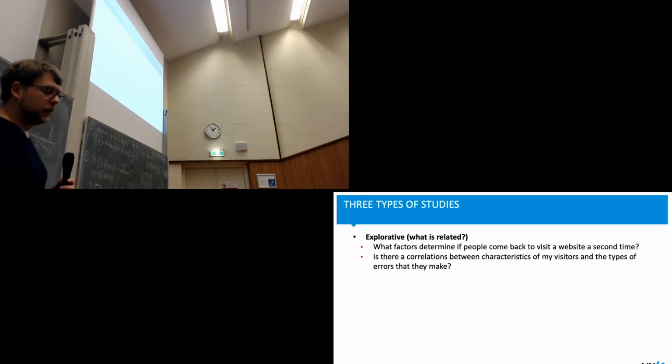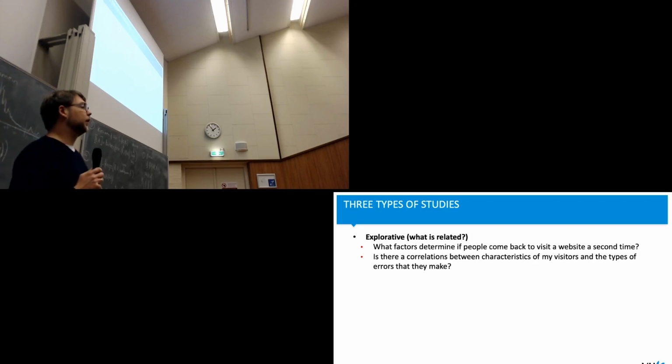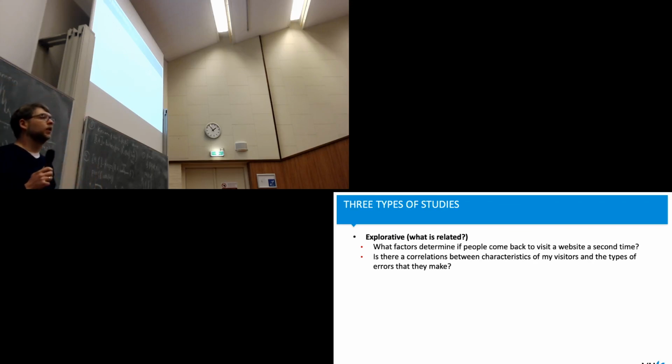And then we can distinguish between 3 different types of studies, and this depends on what kind of study methodology we apply later on. So we have explorative studies, so we would like to know what is related, and here are example questions. What factor determines if people come back to visit the website a second time?